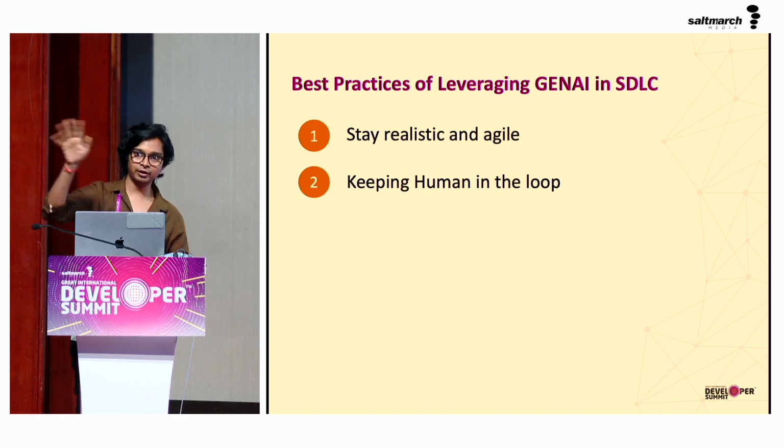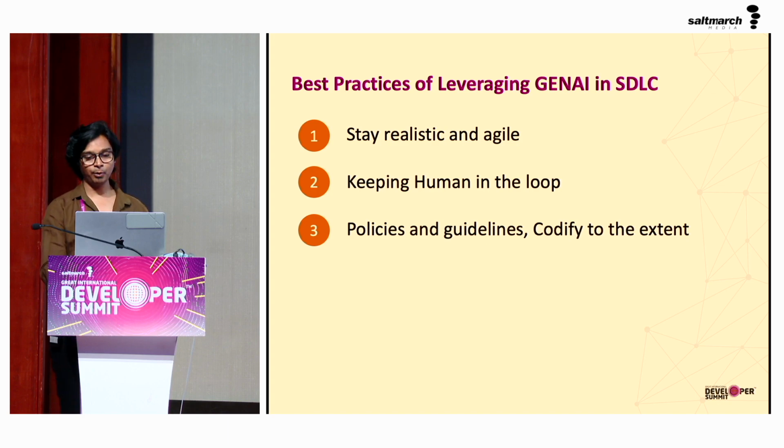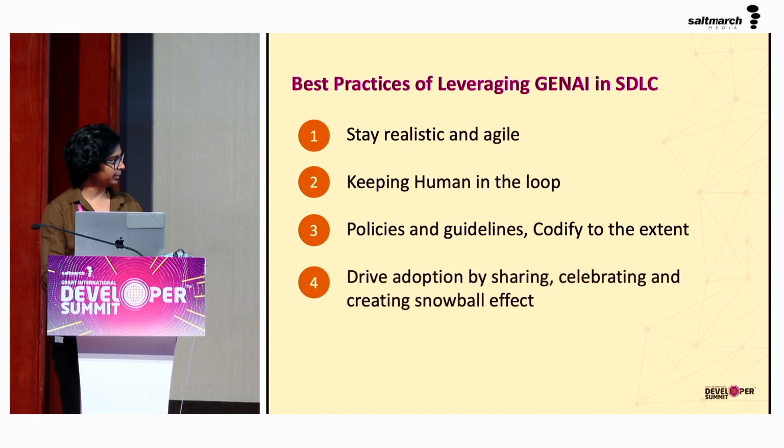Your code review is not going away, right? Make sure that there are policies and guidelines in place so that you can use these things appropriately in a managed risk environment, and drive adoption by starting small. Do one thing, share that experience, celebrate those successes, and create that snowball effect. All it takes is a couple of success stories, and then everybody will start using it.